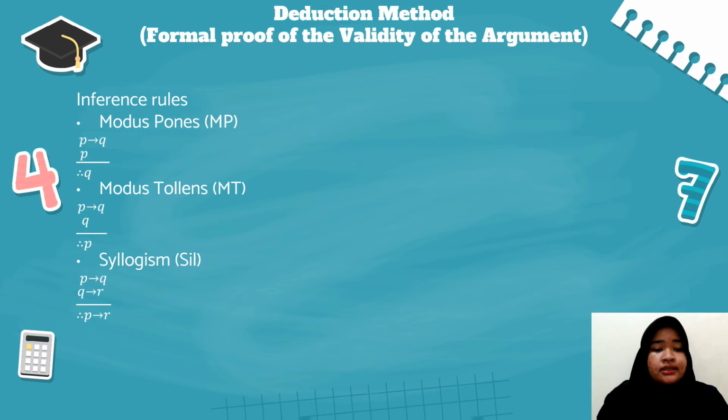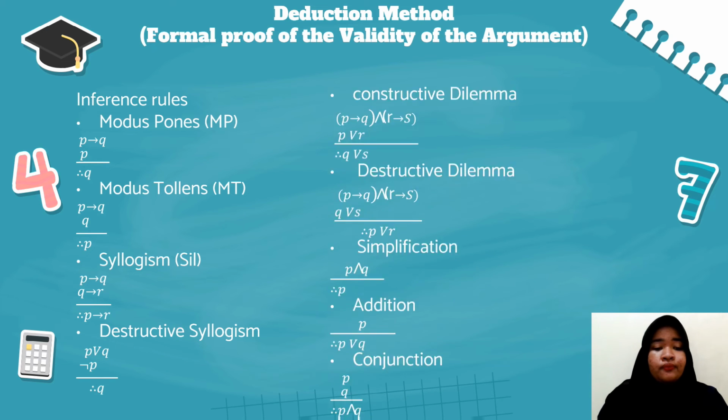The first premise is P implies Q, and the second premise is Q implies R, so the conclusion is P implies R. The next is destructive syllogism. The first premise is P or Q, and the second premise is negation of P. So we get the conclusion Q.